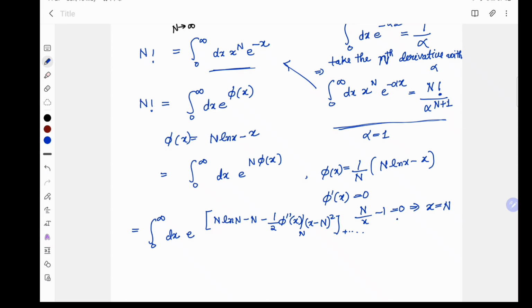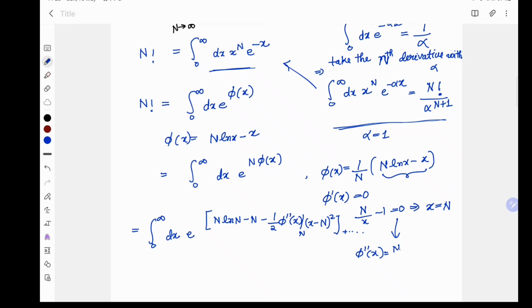So phi double prime x is, we are taking just this function because we are not taking the 1 over n anymore.